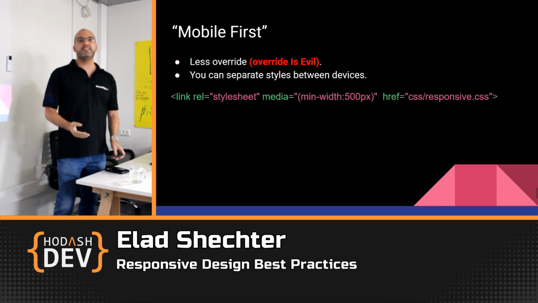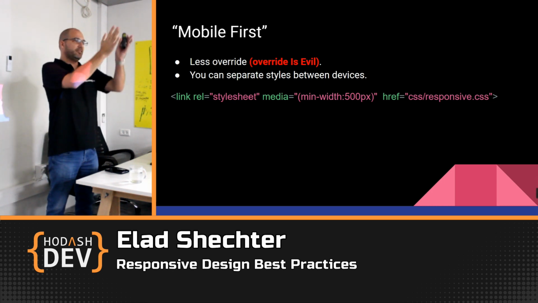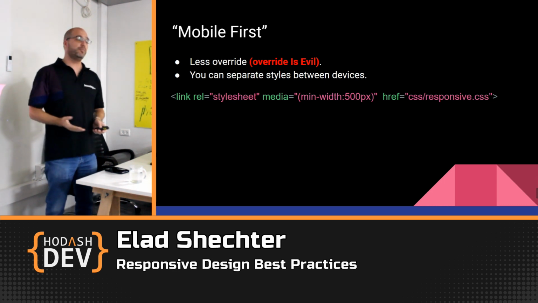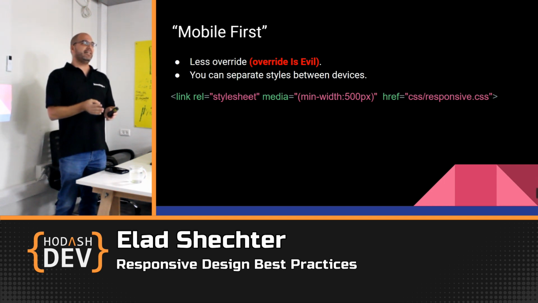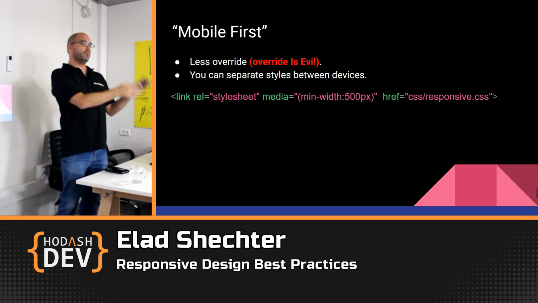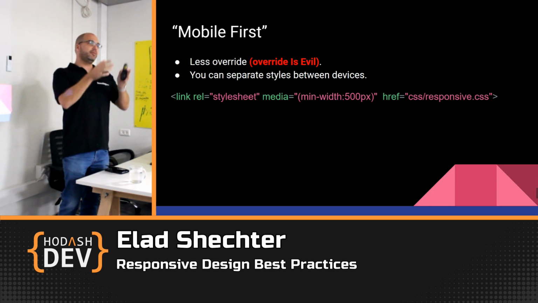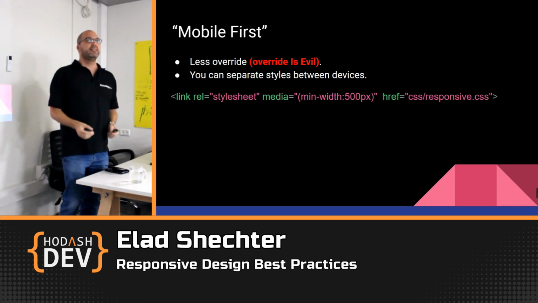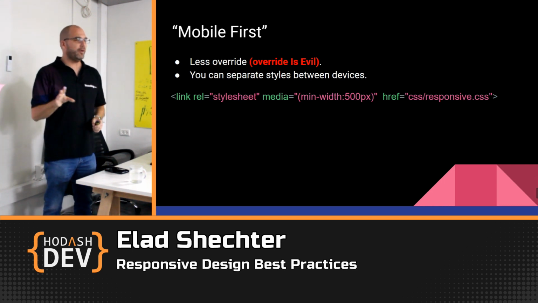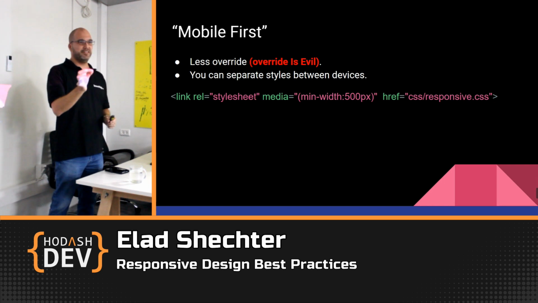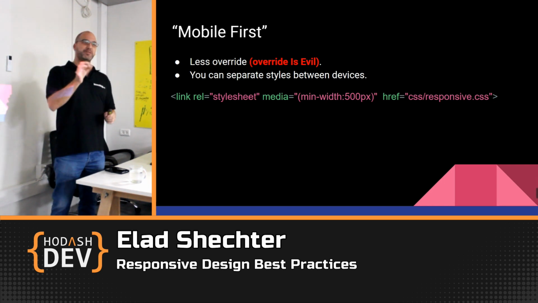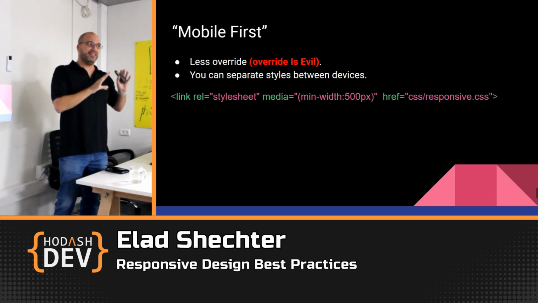Mobile first says that if you are starting from a narrow mobile screen, for example, we're creating a very simple CSS for the mobile device, and just if we need more style, we can put it for bigger and bigger screens. This way we're creating a lot fewer overrides, and overrides in CSS are evil, very evil, and I will teach you in this lecture how to create a lot fewer overrides.